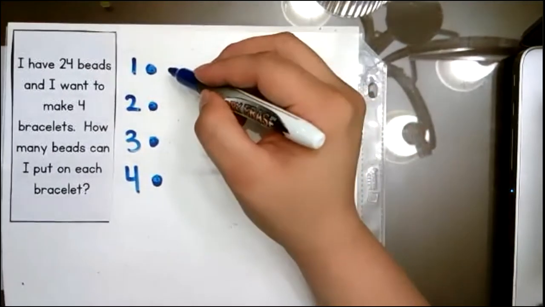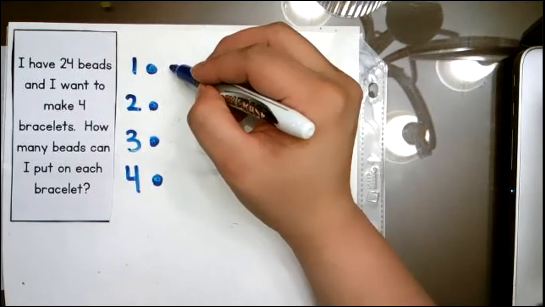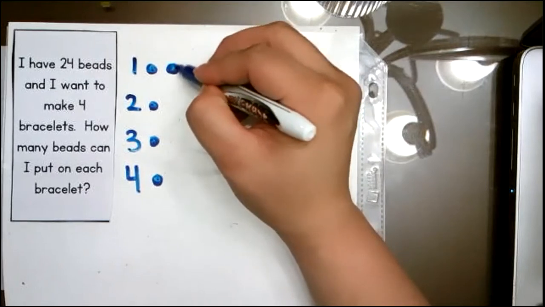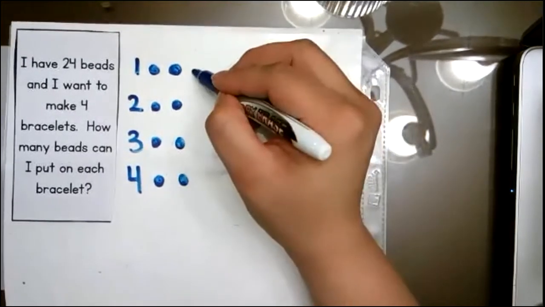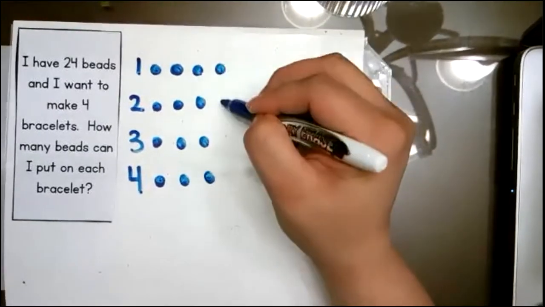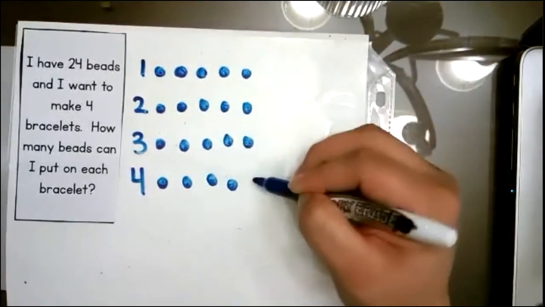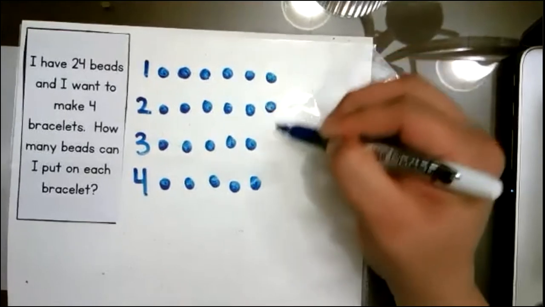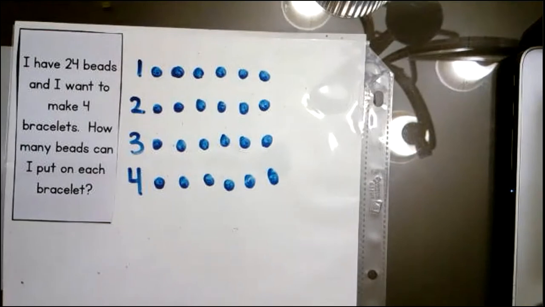Remember, friends, we are going all the way until we get to 24, and we want to create equal groups. 5, 6, 7, 8, 9, 10, 11, 12, 13, 14, 15, 16, 17, 18, 19, 20, 21, 22, 23, and 24. So we know we have 24 beads, and I want to make 4 bracelets.